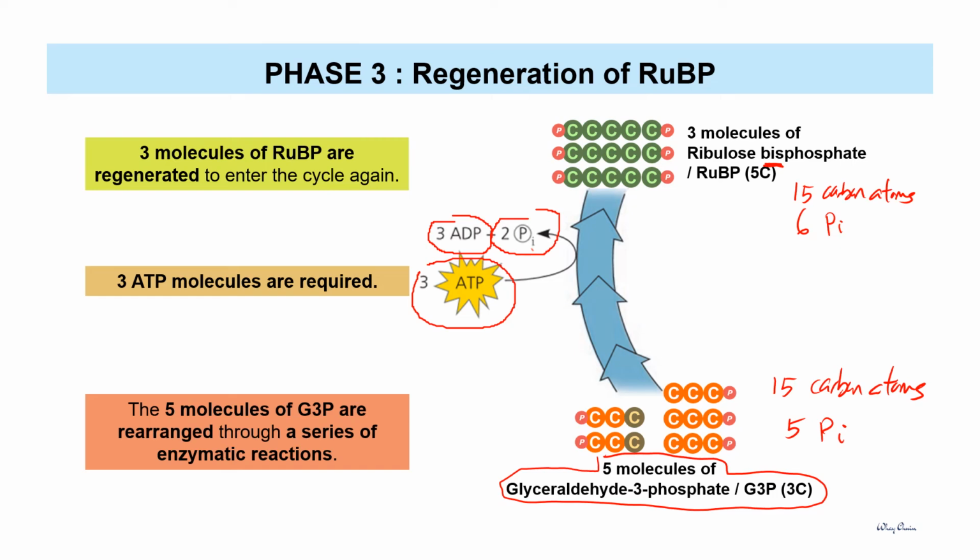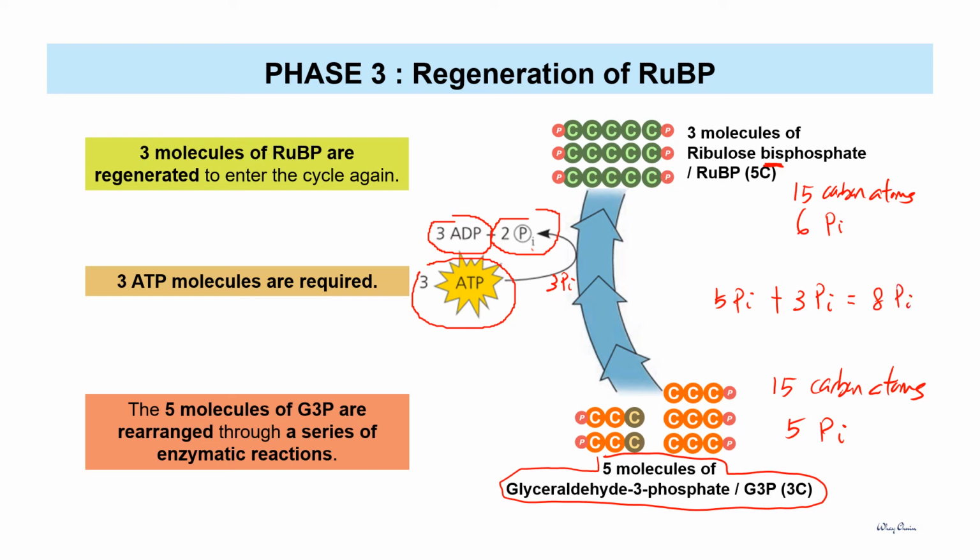to form 6 inorganic phosphate groups, they need to be catalyzed by a series of complex reactions. With the addition of 3 ATP, that means 3 inorganic phosphate groups have been added to this population of intermediate molecules. 5 inorganic phosphate groups plus 3 inorganic phosphate groups, we have 8.